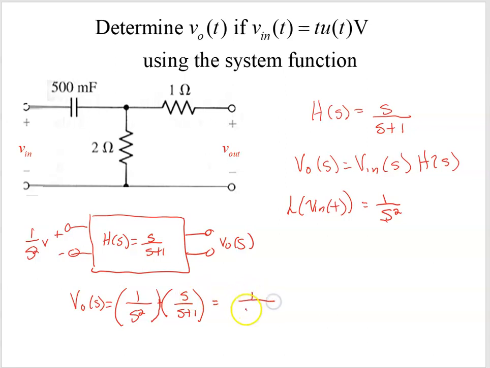1 over S times (S plus 1), or equal to A over S plus B over S plus 1. We can find them both with the cover-up method.